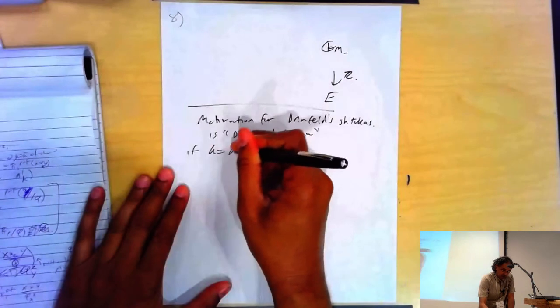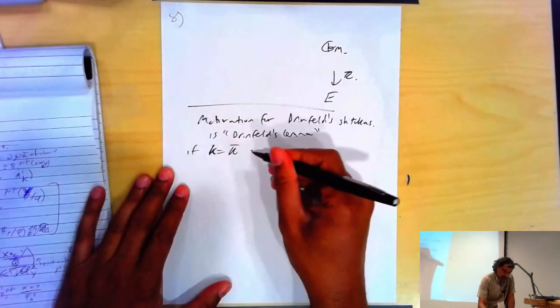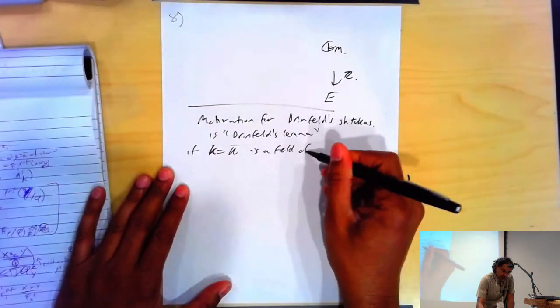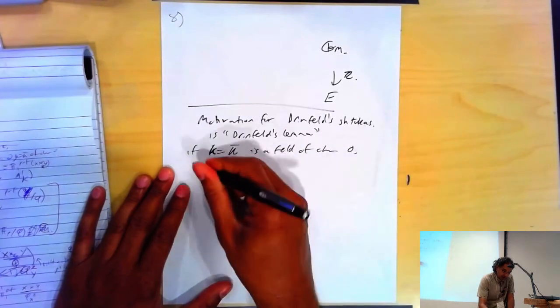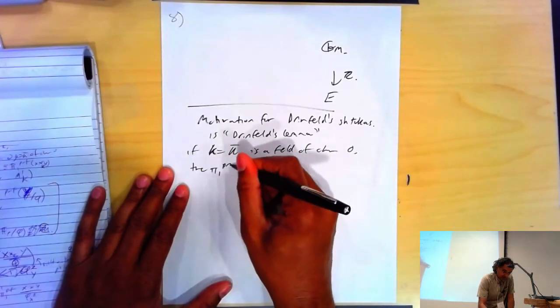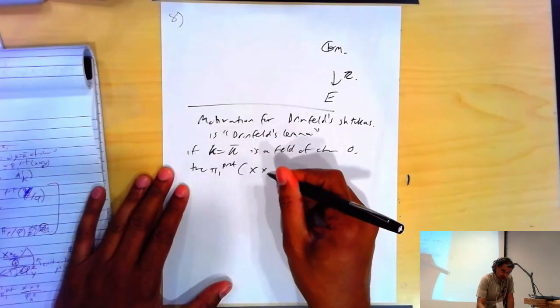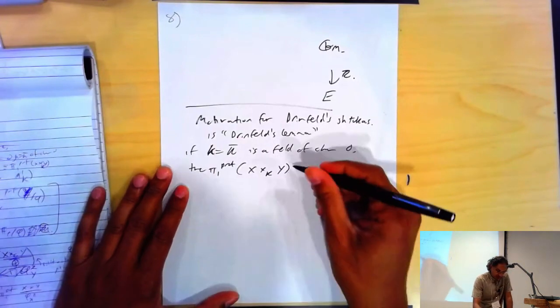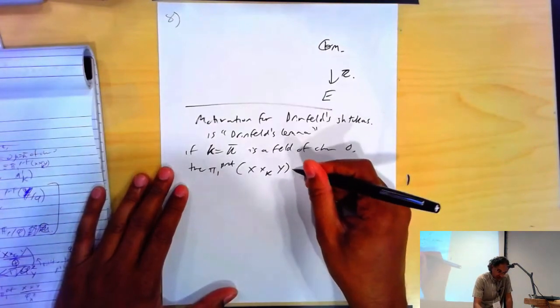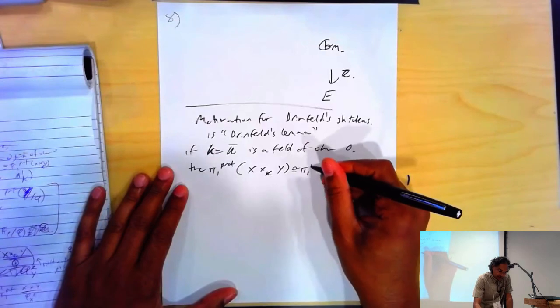So if K equals K-bar is a field of characteristic 0, then the profinite fundamental group of a product of two varieties over this, or somewhat more general schemes, but let me be sloppy just for time.